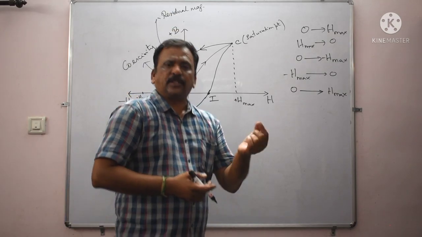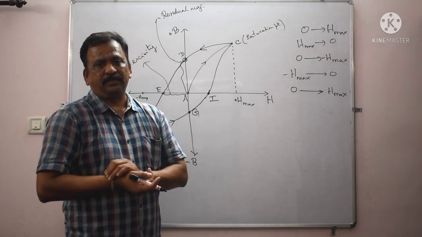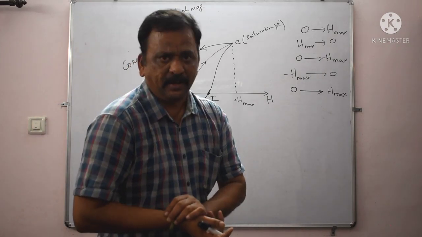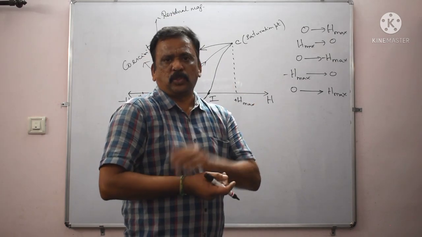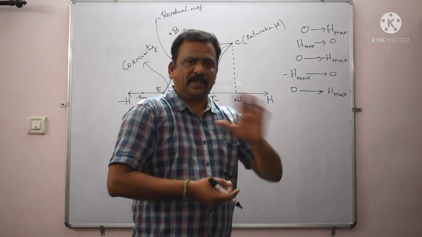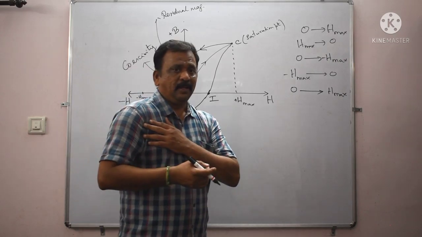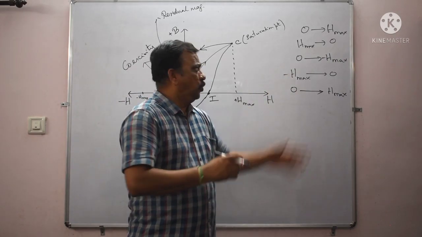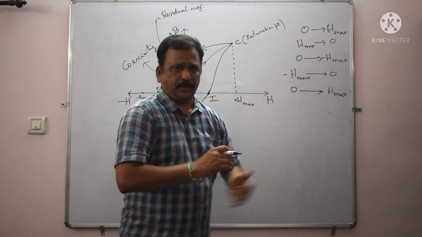Each and every atom or molecule in a ferromagnetic material will possess a dipole moment. When I subject a ferromagnetic material to an external magnetic field, the atomic dipoles or the molecular dipoles of the ferromagnetic materials will align themselves in the direction of the external magnetic field. That's what we saw in the properties of ferromagnetic material. So here we are subjecting a ferromagnetic material to a varying magnetizing field, not only in magnitude but also in direction.